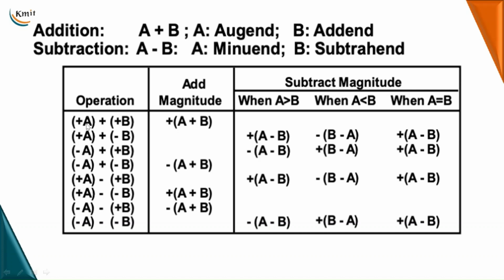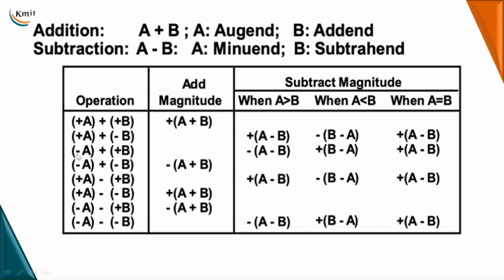If you consider the addition and subtraction of sign magnitude data, we have 4 combinations for addition and 4 combinations for subtraction. In case of the addition operation, there are 4 possible combinations of the operands. In the first case, A is positive and B is positive. In the second case, A is a positive value and B is a negative value.